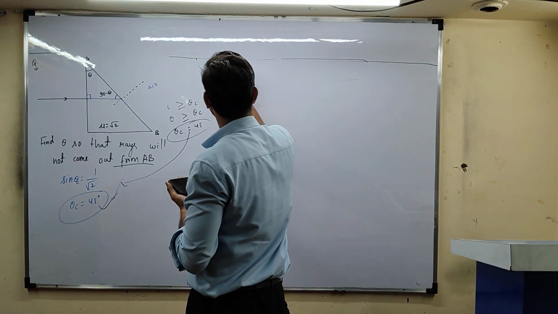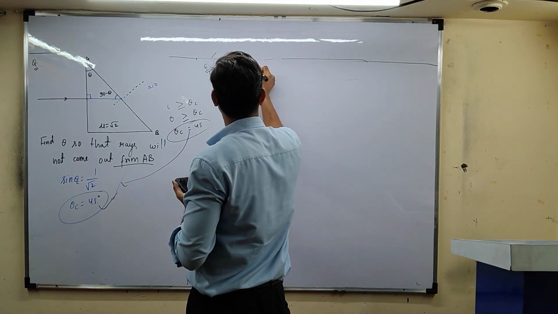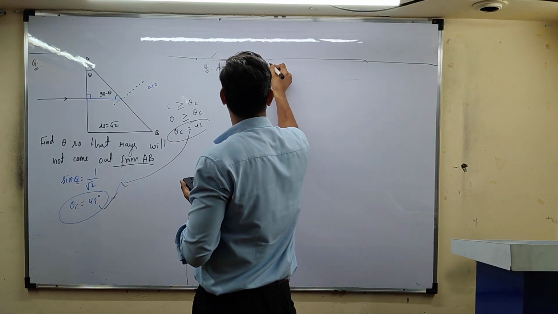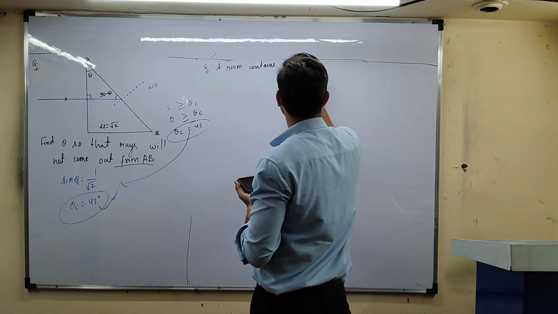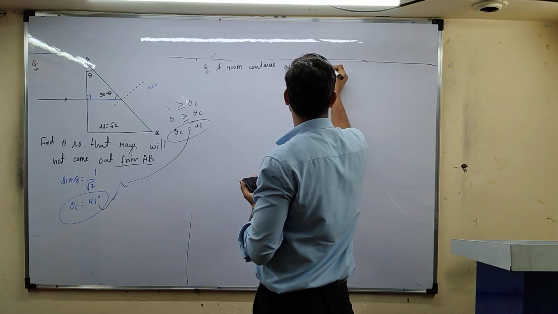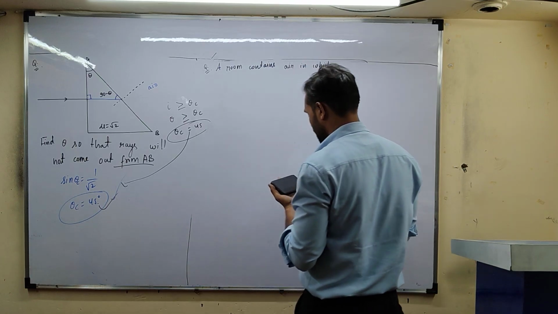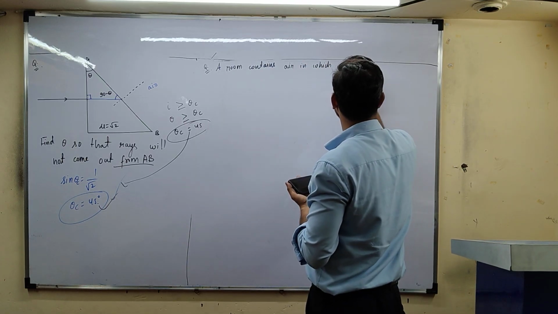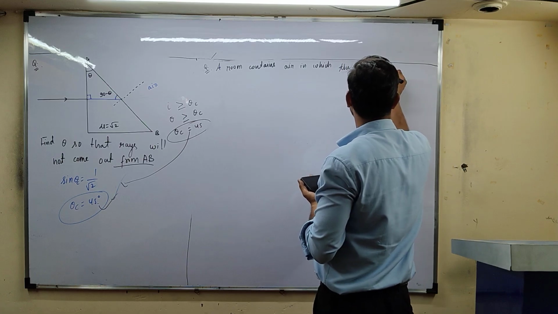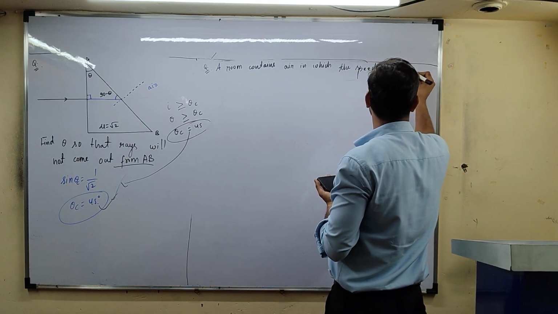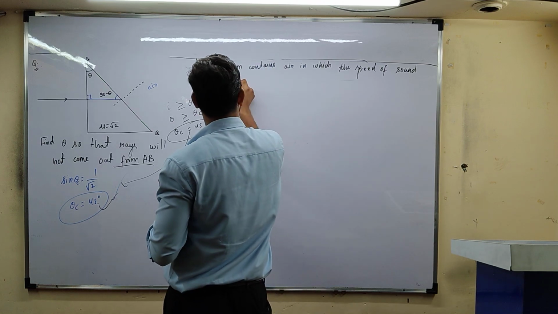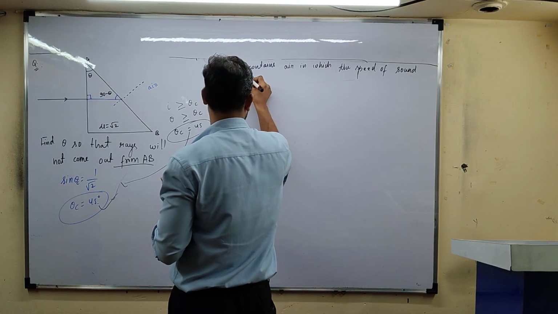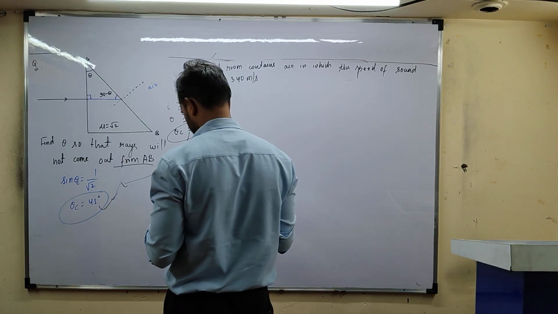A room contains air in which the speed of sound is 340 meter per second.